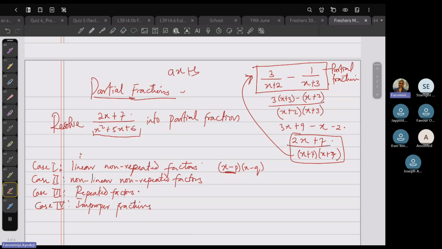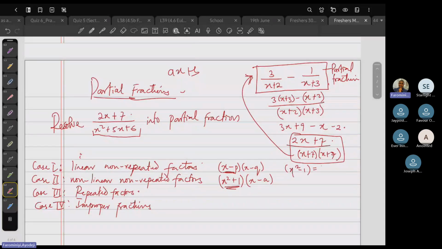Non-linear, non-repeated factors is when you have something like x squared plus 1 as one of the factors. So this is non-linear. It is a quadratic factor, and you cannot factorize it. Unlike if you have x squared minus 1.